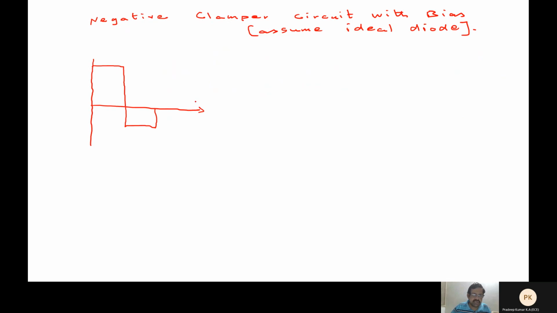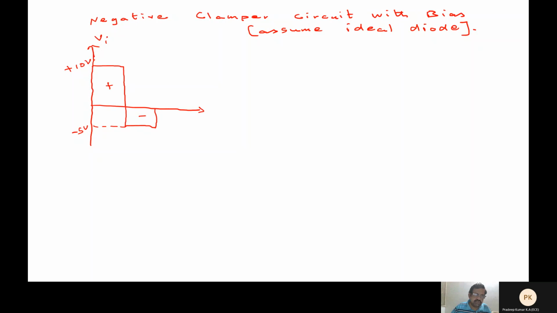This is 10 volt in the positive and this is minus 5 volt in the negative. So this is my input signal.